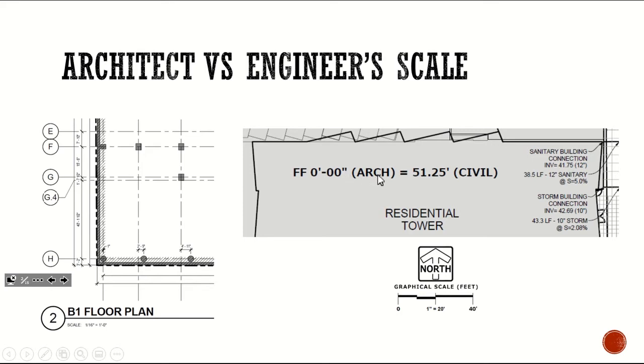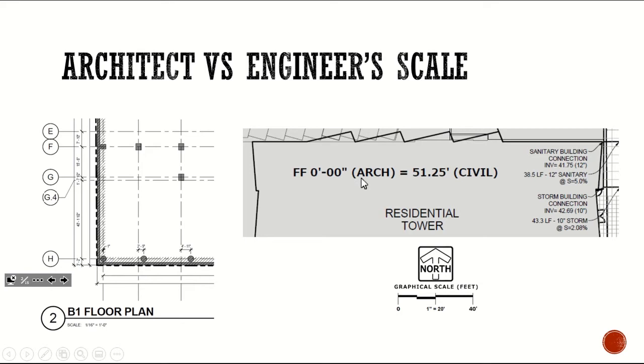That's architectural, okay? Now if I go to civil, you see it's 51.25 feet. That's the civil, okay? The 51 is probably some local elevation datum, right? We know the elevation of sea level is 0.00 feet, decimal feet, right? Okay, 0.25, that is a quarter of a foot, okay?